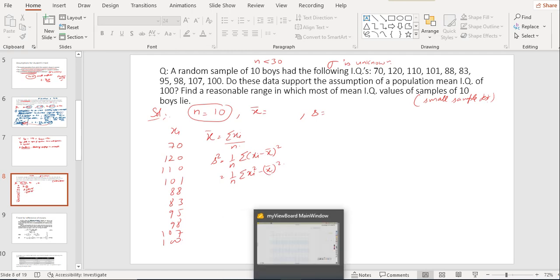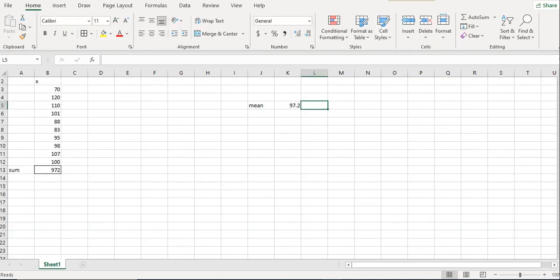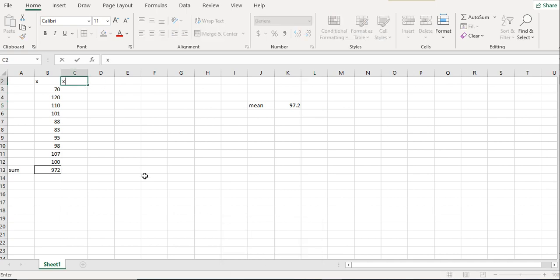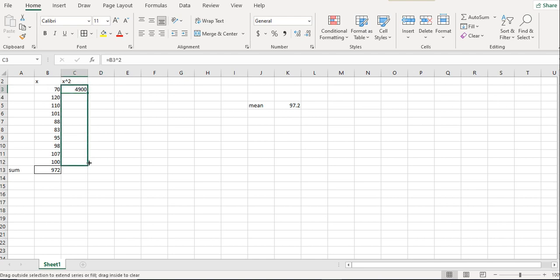In this case, because the mean is not an integral value, I first calculate the value of x square. I simply take the square of all these numbers, and then we can extend the formula.